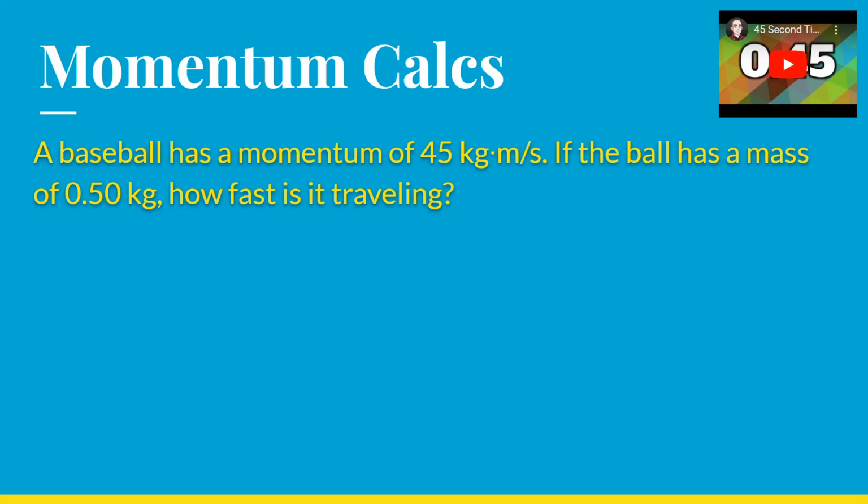I think you probably can. I don't think you all found that last one too difficult. So see if you can set this up. At the very least, label everything and get the equation written down. But see if you can come up with the answer for how fast it is traveling. I'll give y'all 25 seconds. If you would like a calculator, you can grab one from the side.